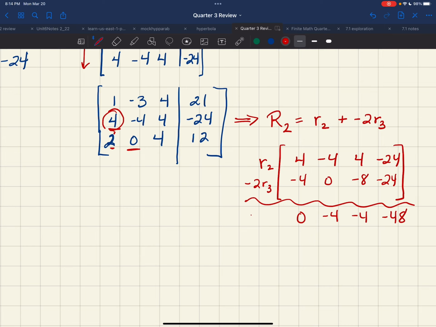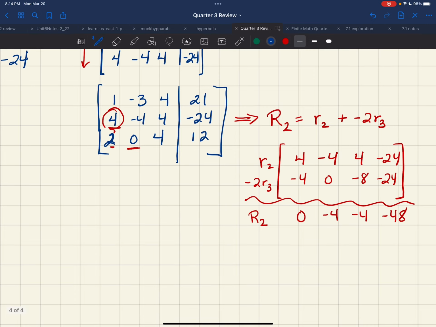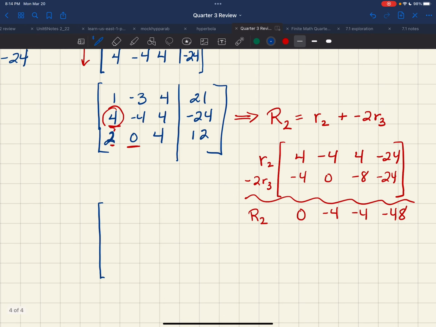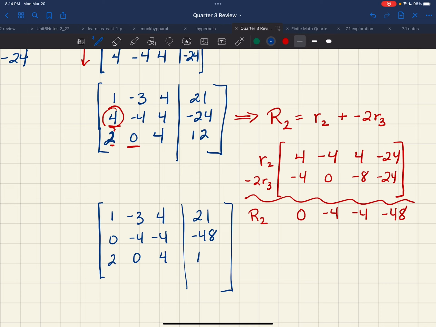So that's going to be my new row 2. So that's going to go into my new matrix. So my first row is 1, -3, 4, 21. My row 2 is 0, -4, -4, and -48. And my last row is 2, 0, 4, and 12.